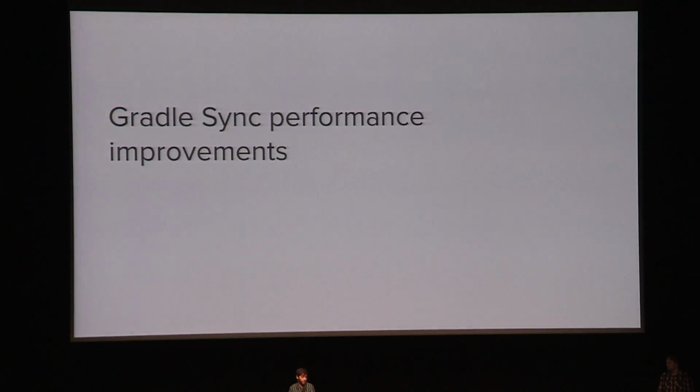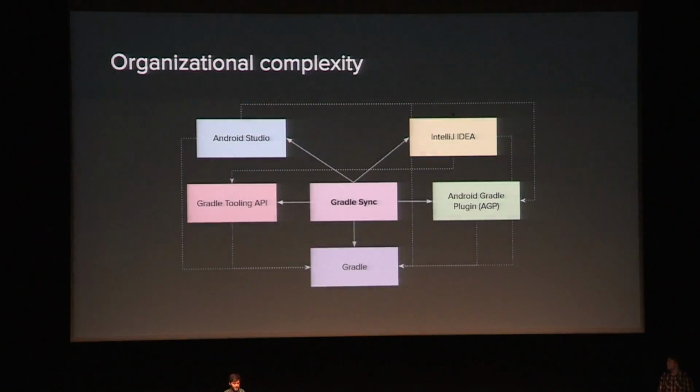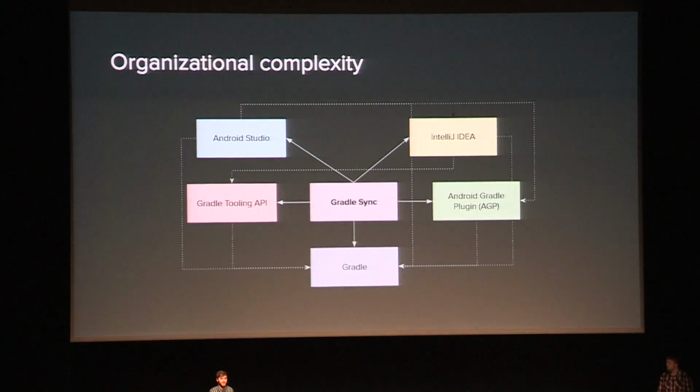We have some cool projects coming that are being developed for some time. And I want to show you that, but before, just to explain a bit why it's kind of difficult to make improvements in this area. First, we are a small team, as Bradley said. And then we are in the middle of three companies, right? We are in the middle of Google, IntelliJ, and Gradle itself.